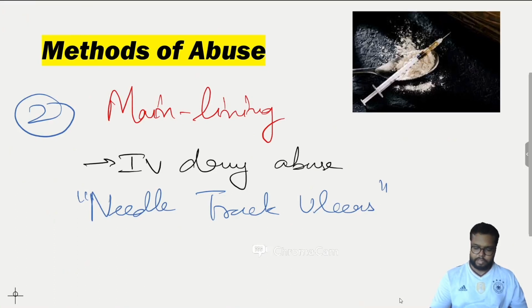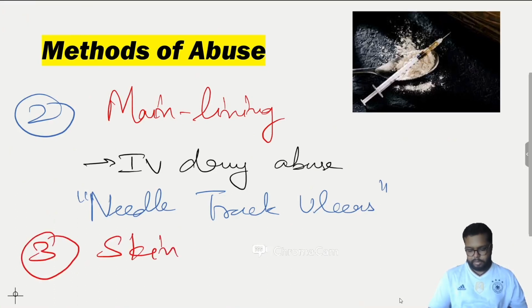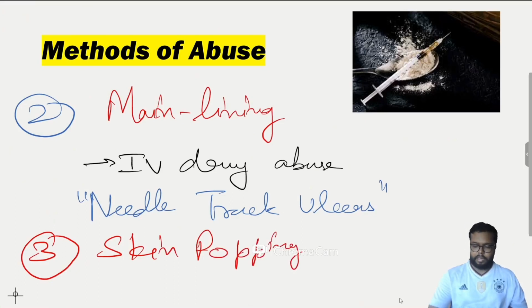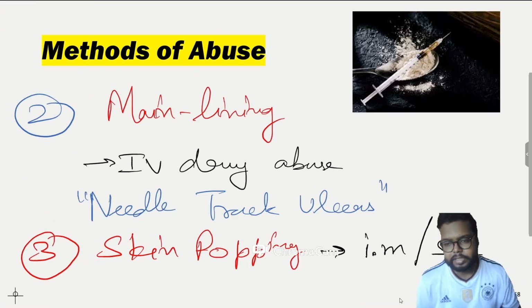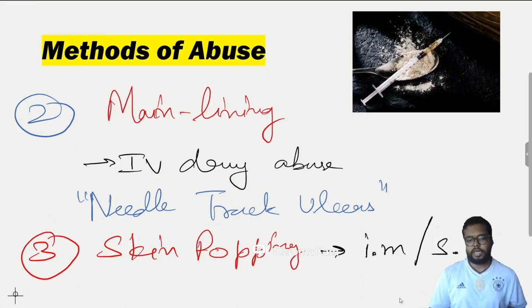Then we have the third method, that is skin popping. It is actually taking this heroin via the IM or the subcutaneous route. If you are taking IM and subcutaneous injections, it is known as skin popping.